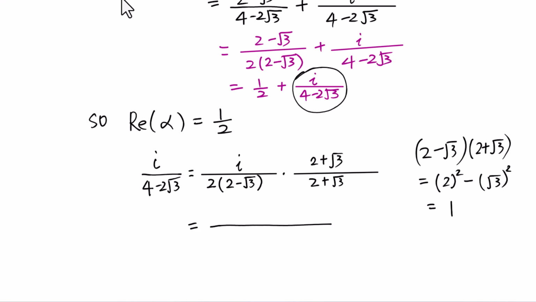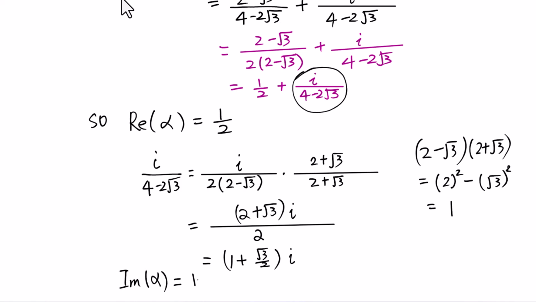So we get denominator 2, numerator 2 plus square root of 3 i. Separate: 1 plus square root of 3 over 2 i. Then the imaginary part of alpha equals 1 plus square root of 3 over 2.